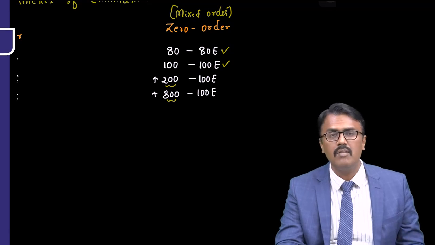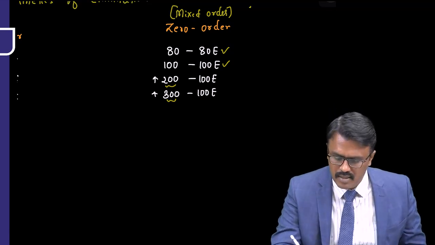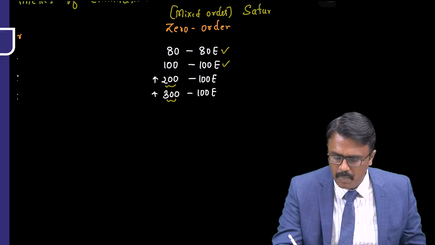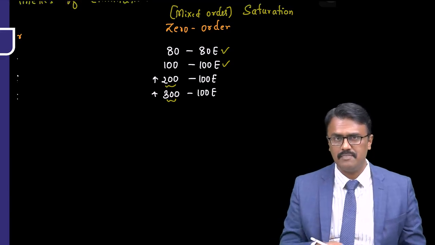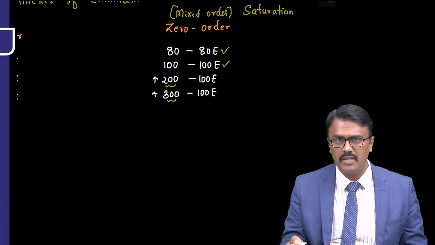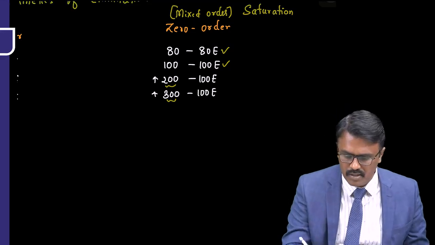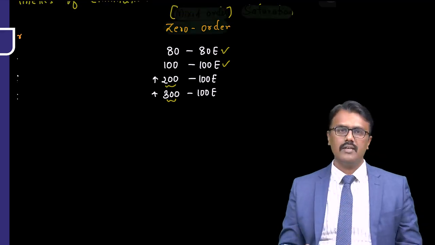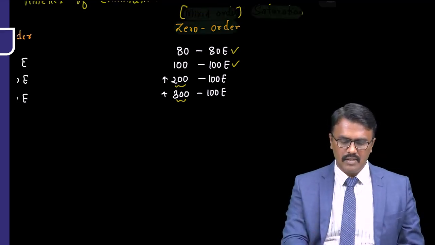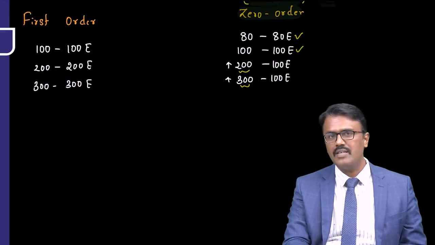That's why it is called mixed order. It is also called saturation kinetics. Why is it called saturation? Because the enzymes got saturated, and that's why the drug is not metabolized. So the name for zero order is mixed order. It is also called saturation kinetics. So there is some capacity limitation for zero order.